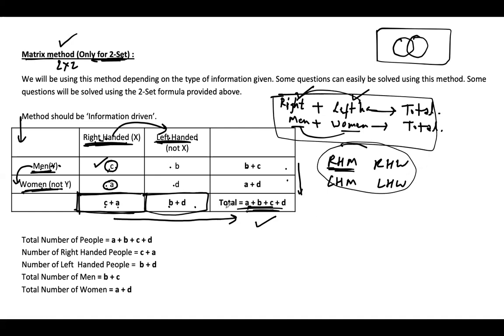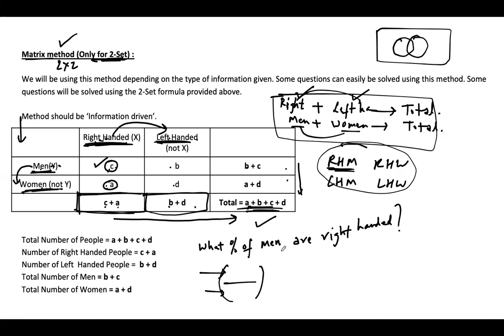Okay, Nishant, based on the information that is provided, if I ask what percentage of men are right-handed, look at the table and answer. What will come in the denominator and what will come in the numerator?